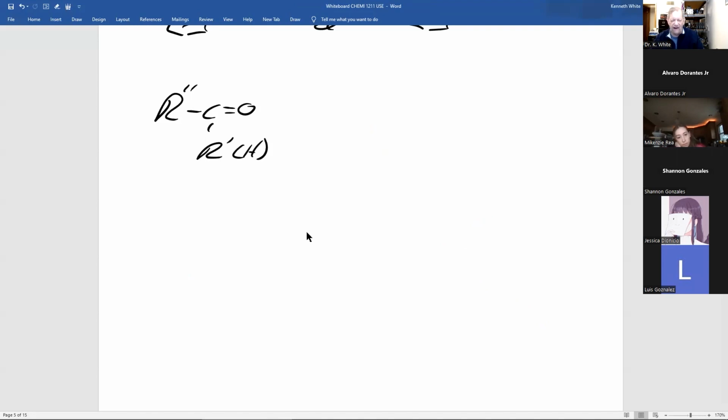If R prime is a hydrogen, that's an aldehyde. If R prime is carbons, then it would be a ketone. So what I'm writing here is take an aldehyde or ketone, react it with an alcohol, ROH. Now we're getting to some good stuff. And you need an acid catalyst. This is an acid catalyst.